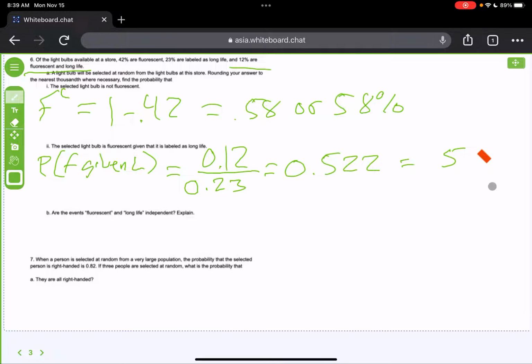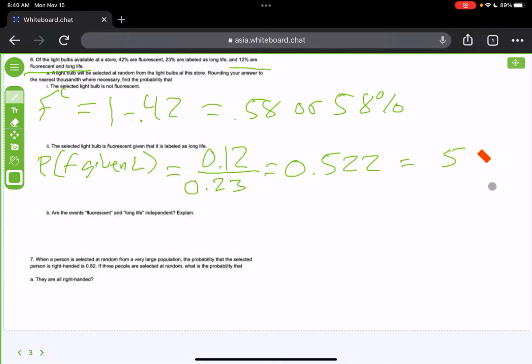Okay, we would have F plus L. It gave us what fluorescent and lifelong was, so we're just going to use that.